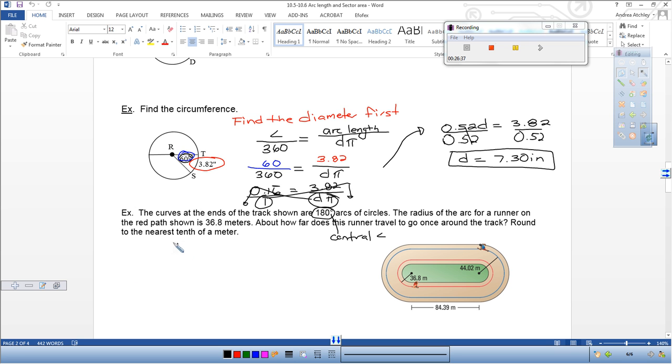So we want to find the circumference, which is 2 pi times the radius. They gave you this radius. Okay, so our circumference equals 2 pi times 36.8. Let's find what that is.